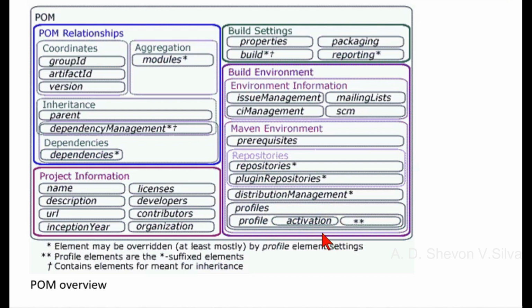Activations are the key of the profile. The power of a profile comes from its ability to modify the basic POM only under certain circumstances. Those circumstances are specified via an activation element. The base build element set, if we revisit it: the reason for two types of build element resides in the fact that it does not make sense for a profile to configure build directories and extensions as it does in the top level of a POM.